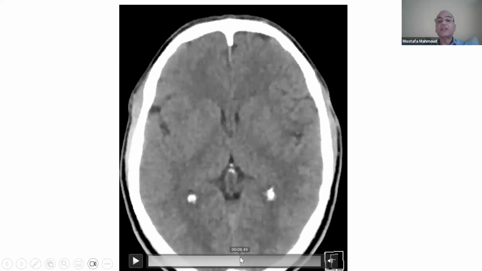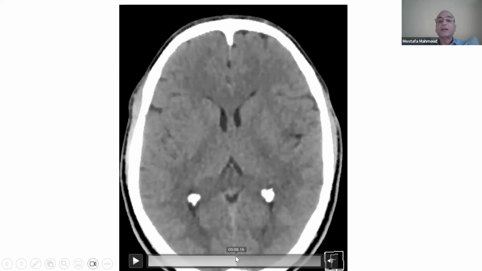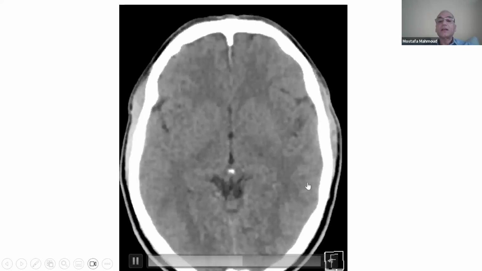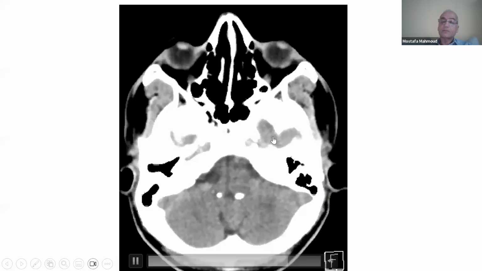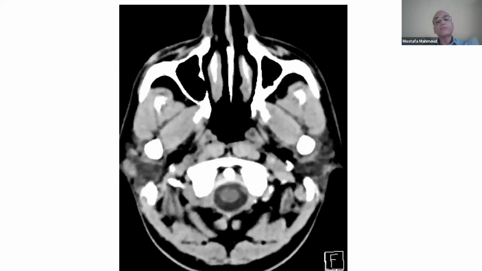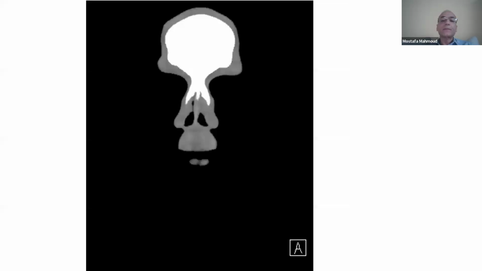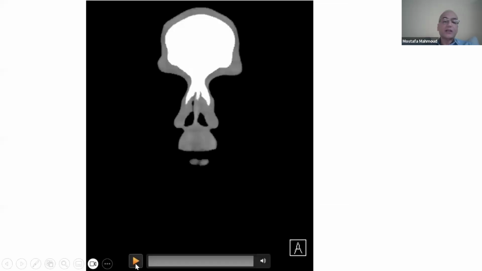Some hypodensity here and there. ASPECTS of 7, maybe. And here is the CTA.